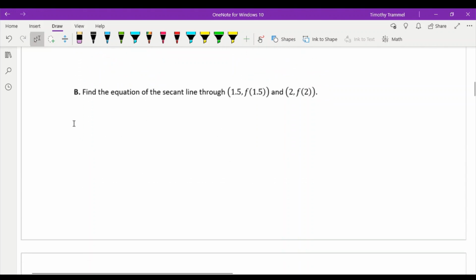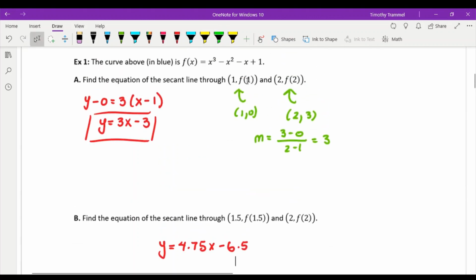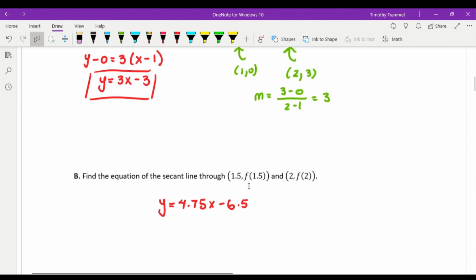So our next one is going to wind up being y equals 4.75x minus 6.5. So it's changed a little bit now that we've shortened up that interval. We were going from 1 to 2, and now we're going 1.5 to 2. But let's shorten it up even more. On the next page, we'll do 1.9 to 2, and then 1.99 to 2, and so on.